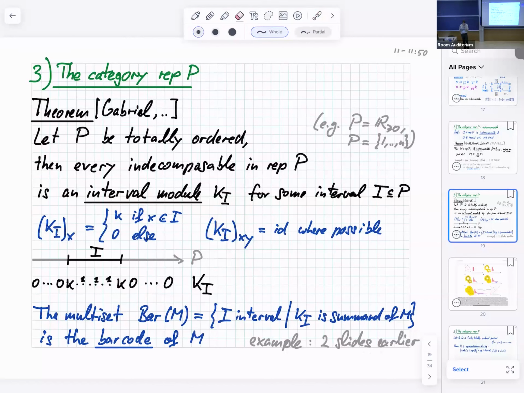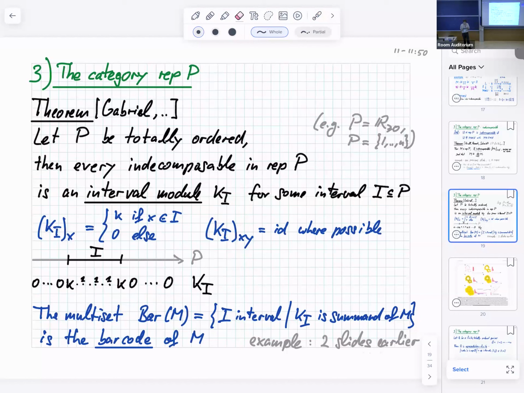And this barcode uniquely determines the module because we have the Krull-Schmidt theorem. This collection of bars, this collection of intervals uniquely determines the given module. So that is how we arrive at the barcode for a totally ordered poset, okay?